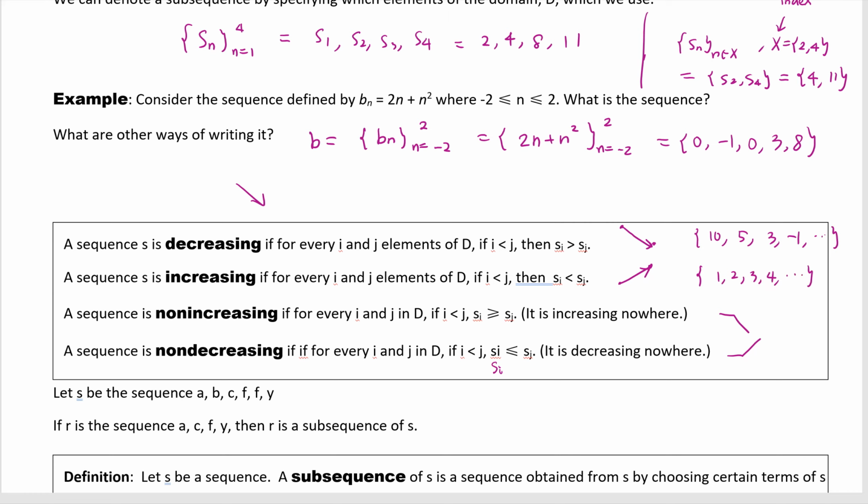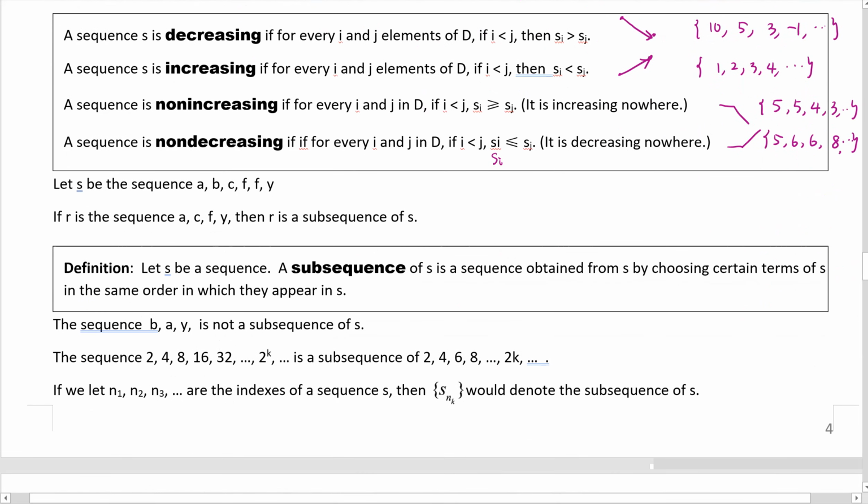A non-increasing sequence could be the same or decrease. And a non-decreasing sequence could be the same or increase. So far, so good, everybody. It's good to make up some examples, which can help us understand it.